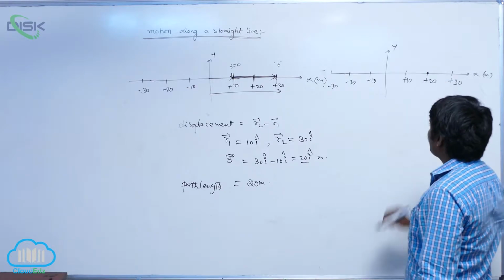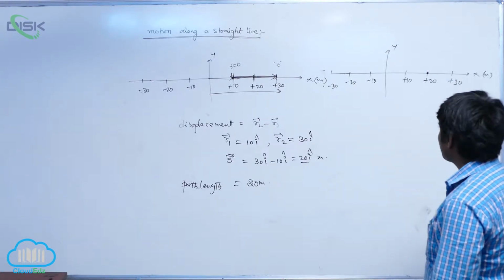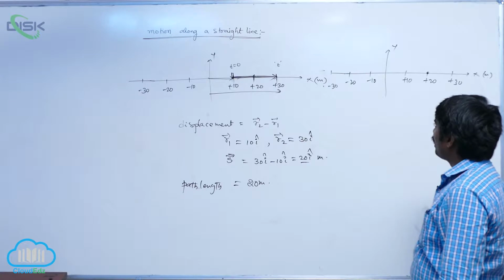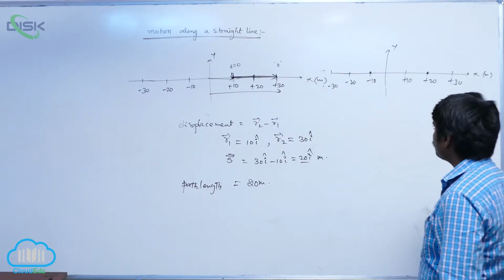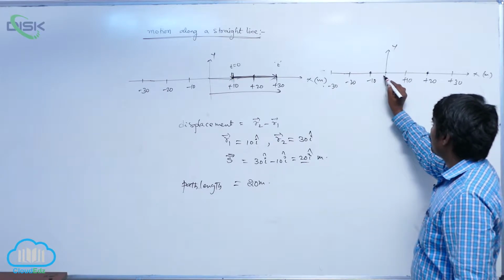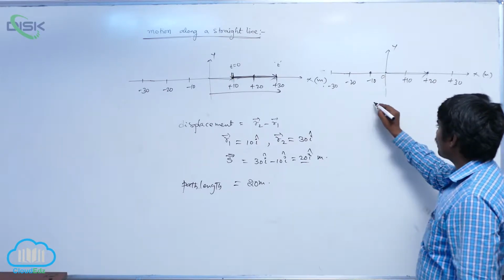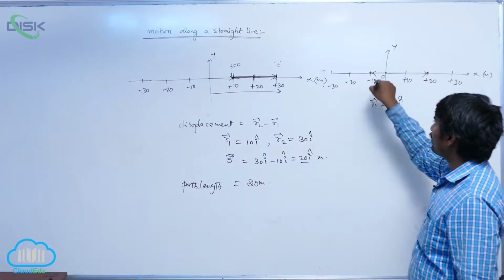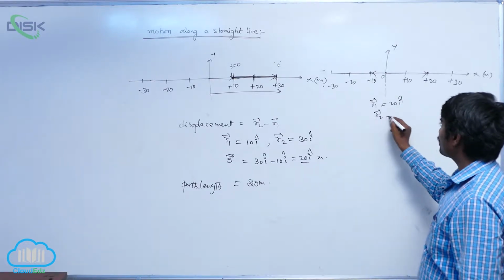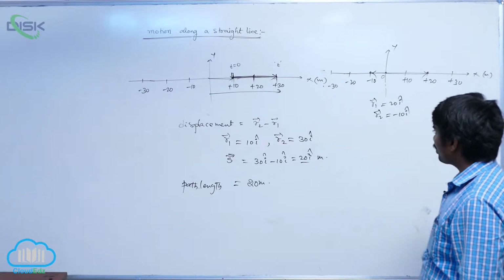At t equal to 0, initially the object is here. Now it comes to here. That means this is the initial position vector, r1 bar is equal to 20 I cap, and this is the final position vector, r2 bar is equal to minus 10 I cap.